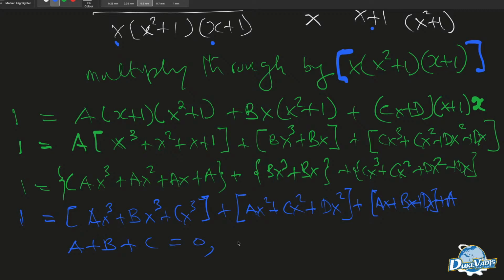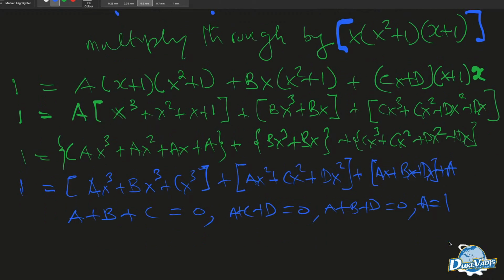Then we have a plus c plus d is also equal to 0. Then we have a plus b plus d is also equal to 0. Then the last one, a, is equal to 1.